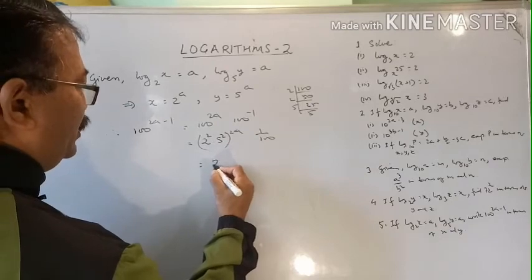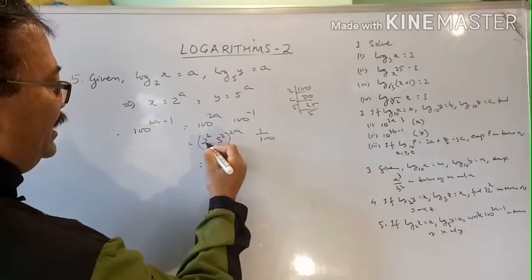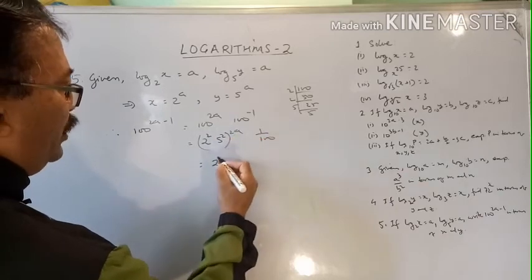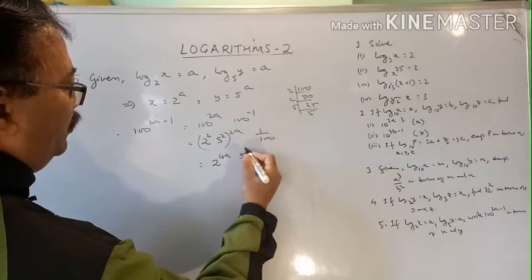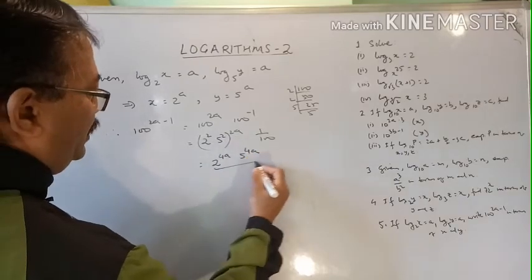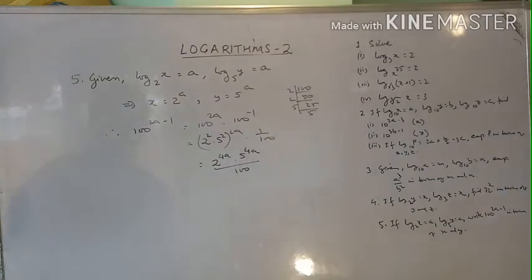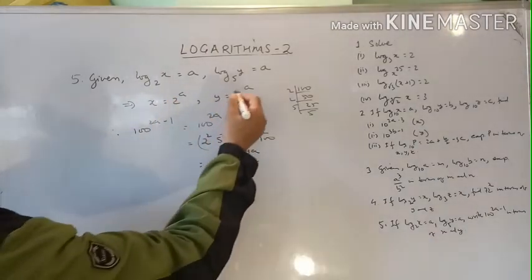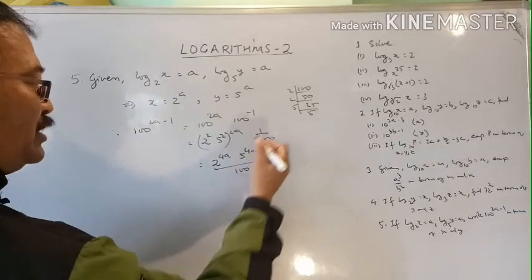So when you open this bracket, each factor will get this power. So 2 into 2a will be 4a, into 5 to the power 2 into 2 will be 4a, and this will be in the denominator 100. Okay, now we know the value of 2 to the power a and 5 to the power a. So we keep a inside and 4 outside the bracket.